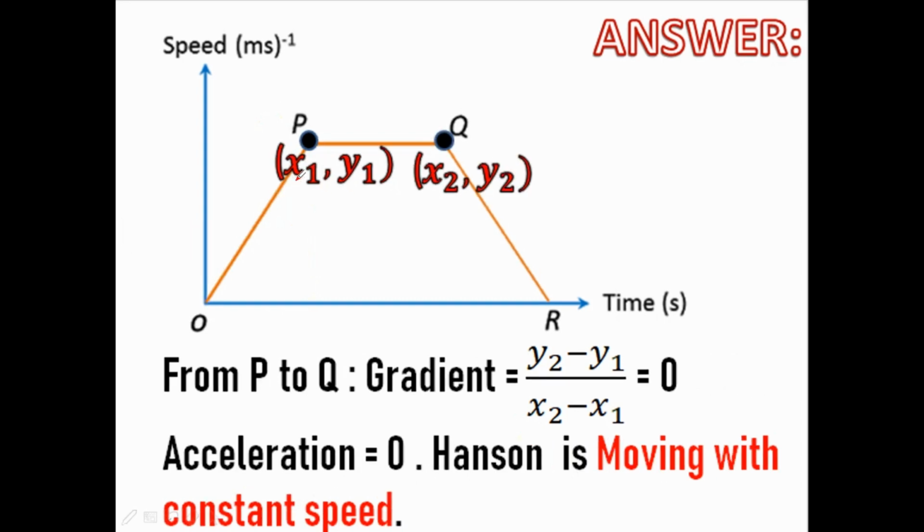From P to Q, the coordinate of this point is x1, y1, and the coordinate of this point is x2, y2. But since y1 and y2 are the same, y2 minus y1 gives 0. So the gradient is 0. Gradient 0 means that acceleration equals 0. Therefore, Hansen is moving with constant speed. He is still moving, but with the same speed.